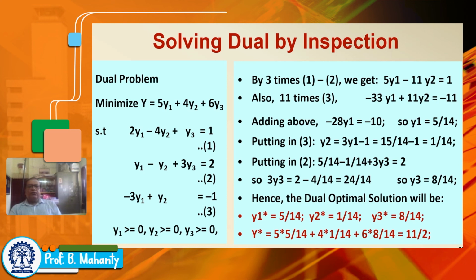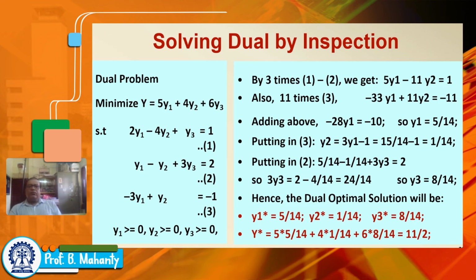And if you multiply the third equation by 11, then minus 33y1 plus 11y2 equal to minus 11. These two we can add, and then we get minus 28y1 equal to minus 10. So we obtain y1 equal to 5 by 14. Putting this in the third equation, we get y2 equal to 1 by 14. Then from the second, because we have already found y1 and y2, we can find y3, which is 8 by 14.